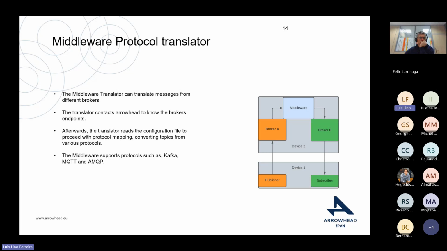If we have Kafka and MQTT, it basically connects both middlewares without needing to use specific tools that sometimes don't offer the same performance as the tools that we are trying to develop.